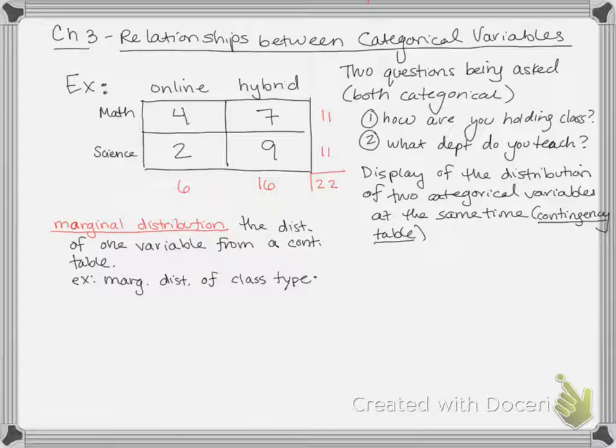In this case, we would have two different class types: online and then hybrid students. So we have the marginal distribution of class type, and those are our two class types.